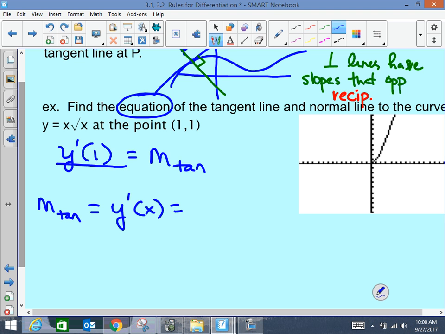So just hold on while you write the derivative. This is x times radical x. All right, got it? What do you have, Lindsay?